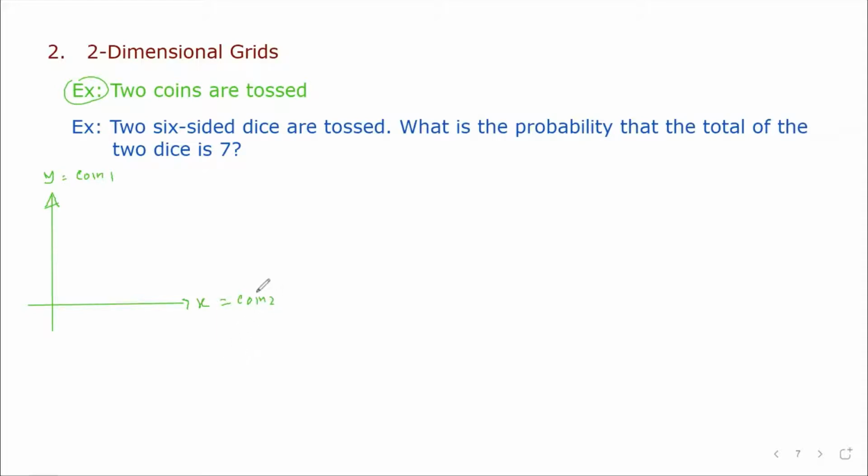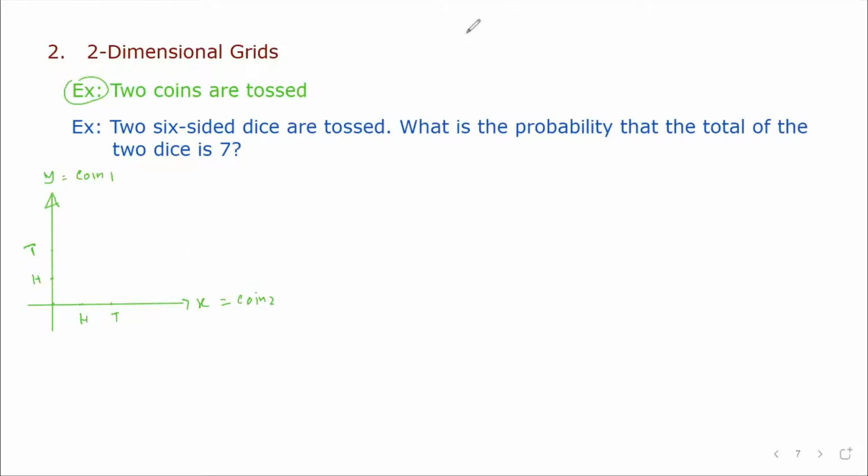Because each coin must have head and tail, right? So you draw here head and tail, head and tail. So this is for the two coins.